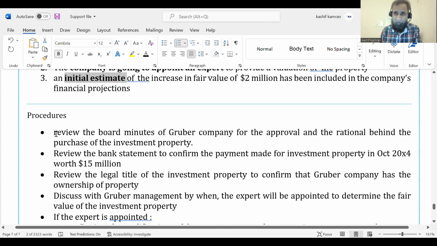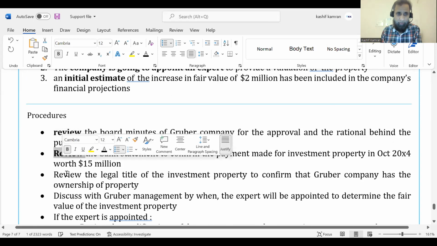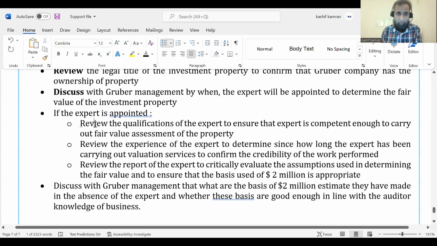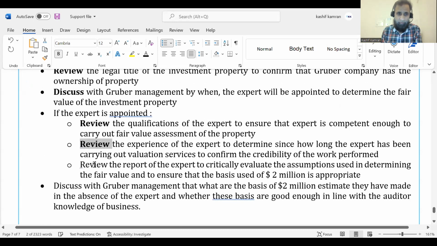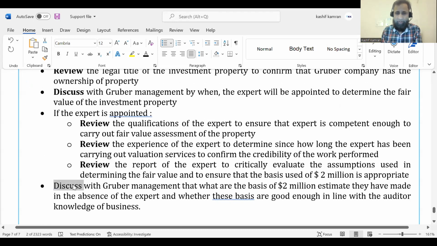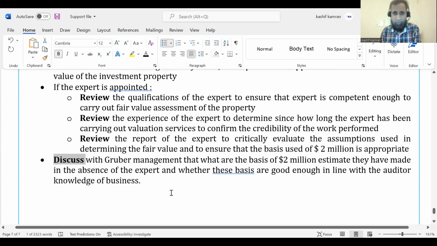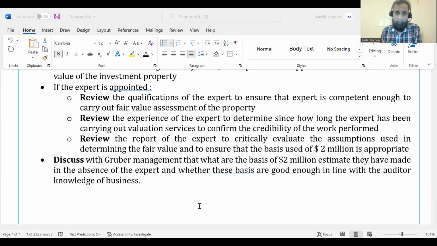And see, every procedure is starting with an action: review, discuss, review, review, review, discuss. You can recalculate the assumptions. You can recalculate the working of the expert. It's totally up to you. Yes, you can include a procedure on assessing the independence of the expert as well.